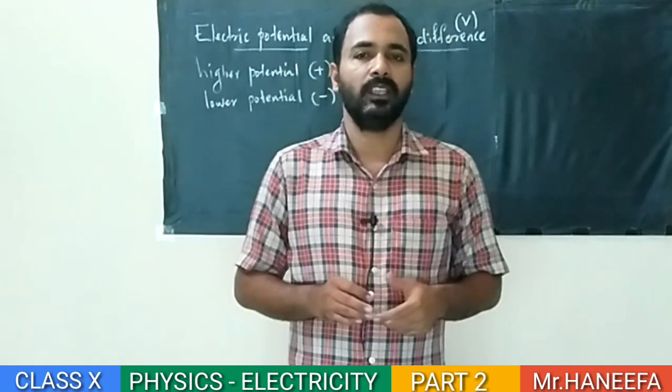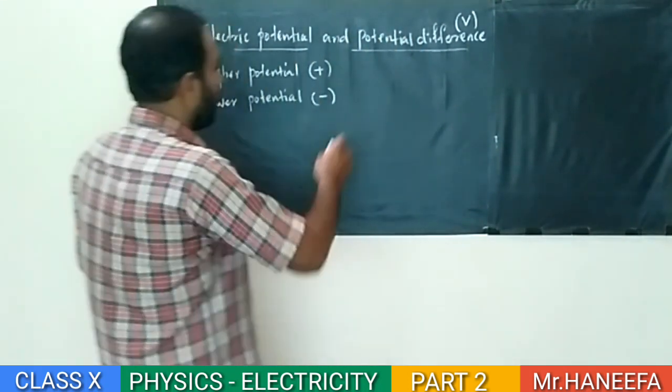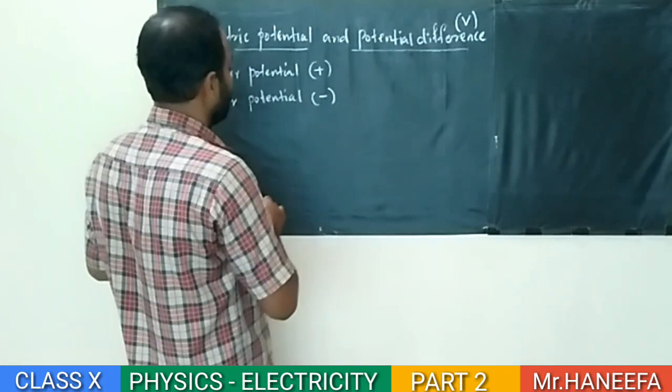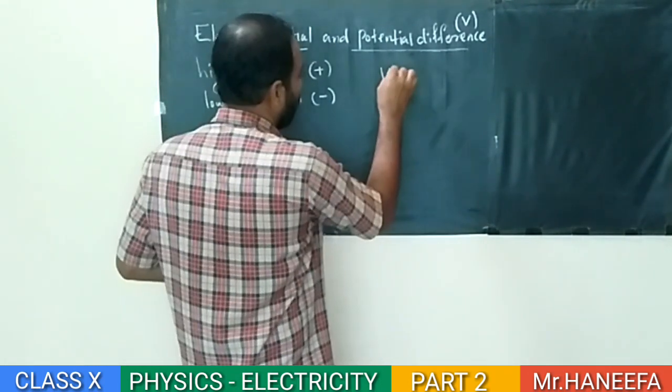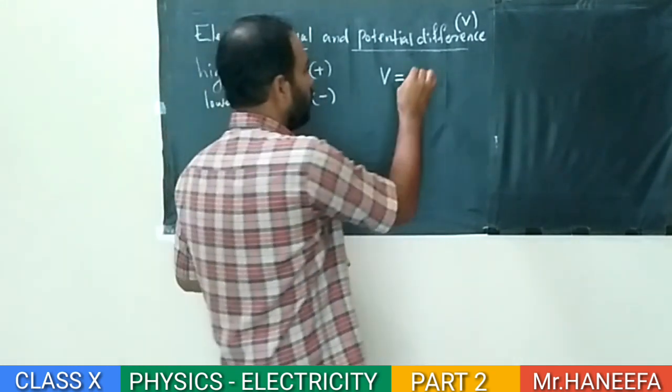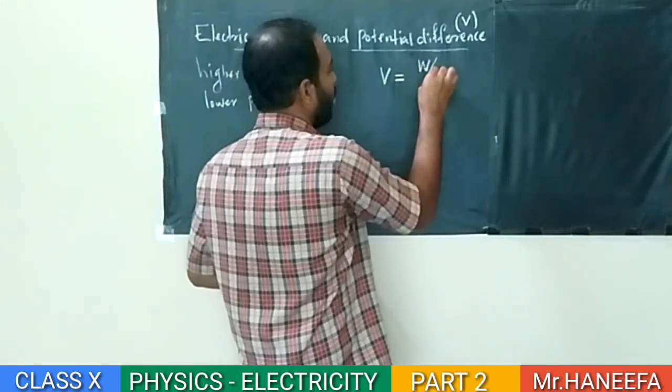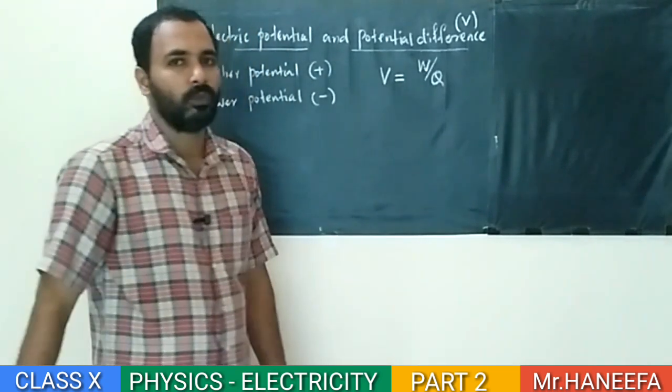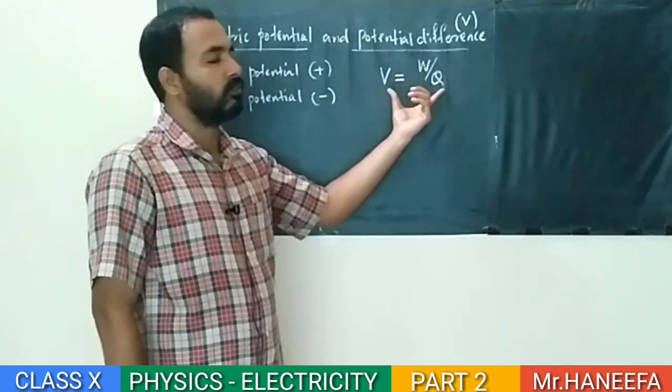We can explain potential difference as V equal to W divided by Q. This is the equation to find a potential difference.